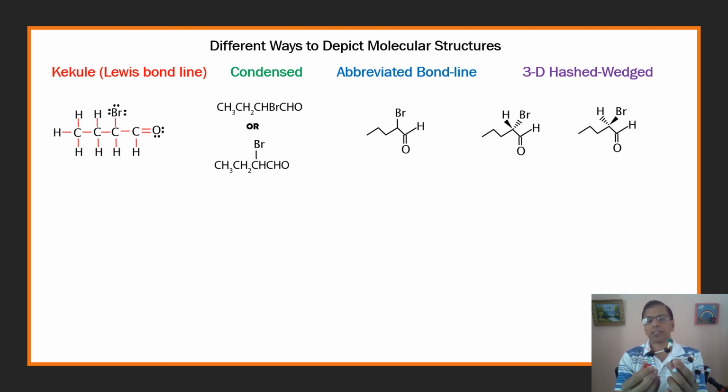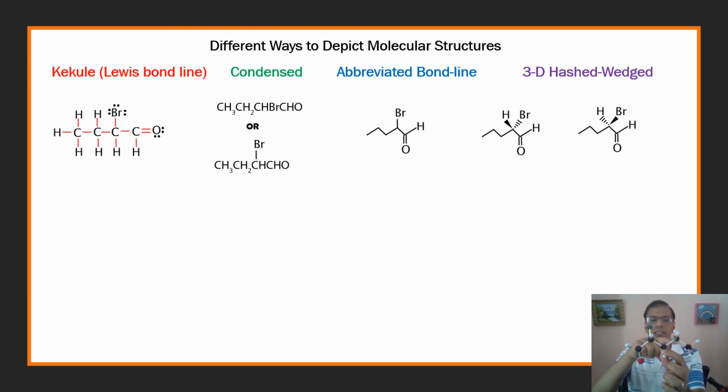So this red is the oxygen atom, this is the hydrogen, this is the carbon, and then you have the bromine, which is green, and this is the carbon-bromine bond, and this is the carbon atom, this is the hydrogen. The reason you draw this zigzag structure is, if you look at this, it looks like a zigzag.